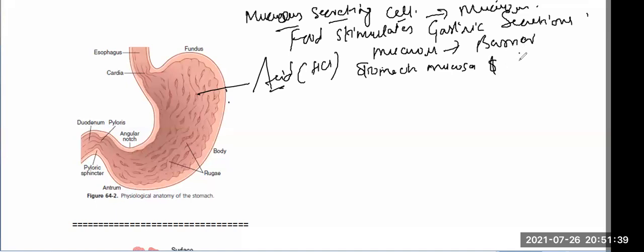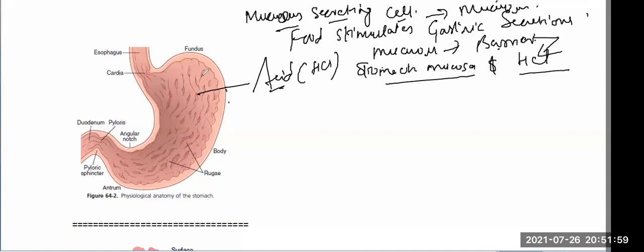This barrier is between your HCL, hydrochloric acid in the stomach, and your stomach mucosa. So it prevents the stomach mucosa from coming in direct contact with the acid.